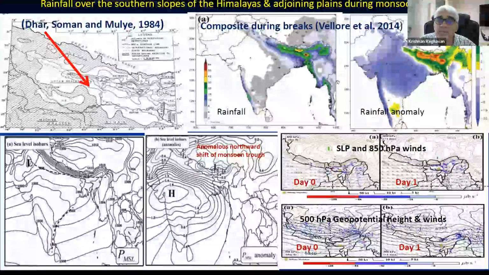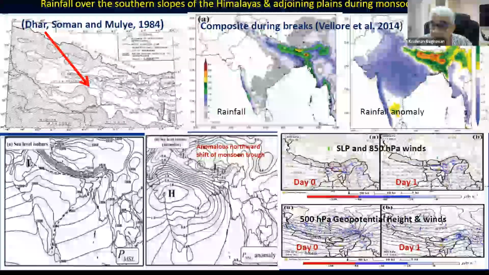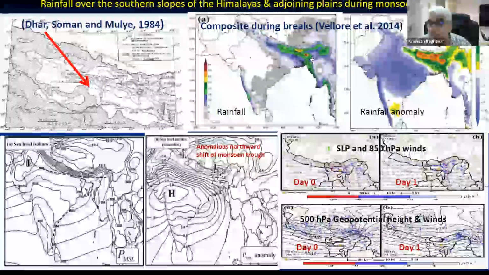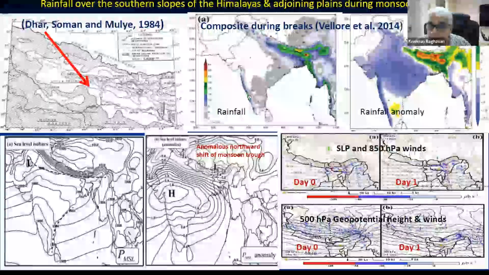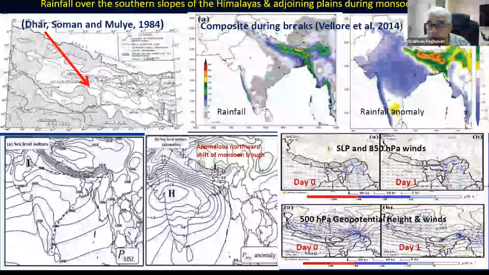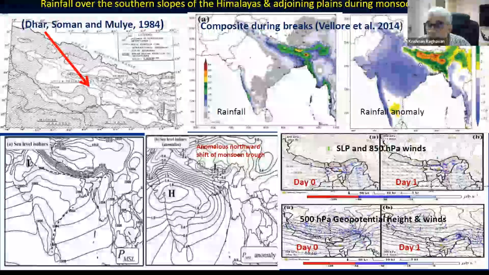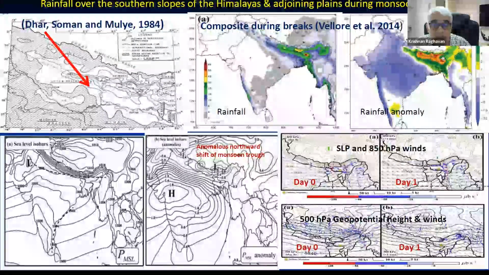And the third example I will talk about is in the northeast Himalaya and the northeast slopes of the foothills of the Himalayas. Whenever we have a deficit monsoon over India, when the monsoon is weak over the plains of India, what we call a break in the Indian monsoon, the foothills actually receive a substantial amount of rain.